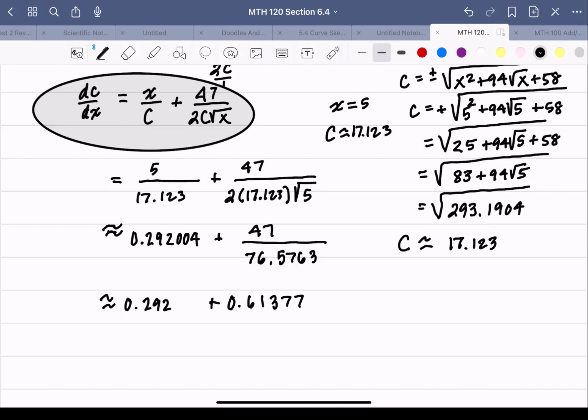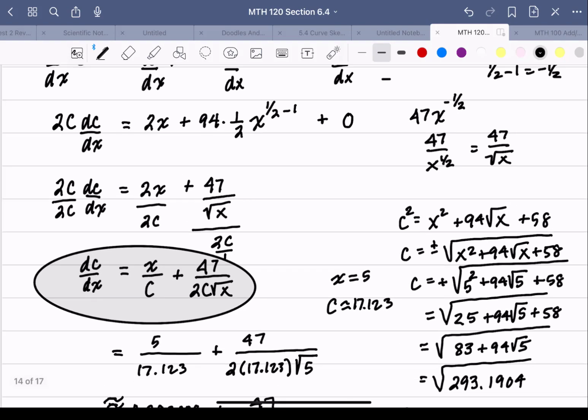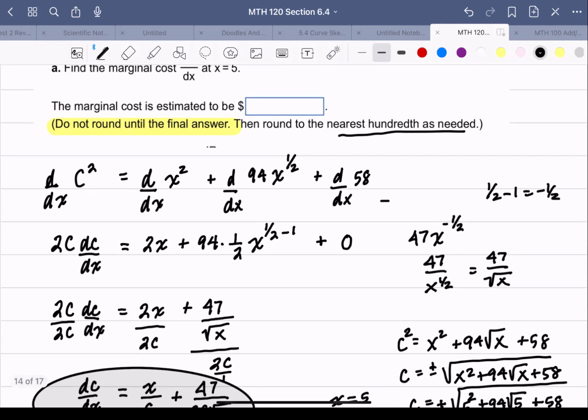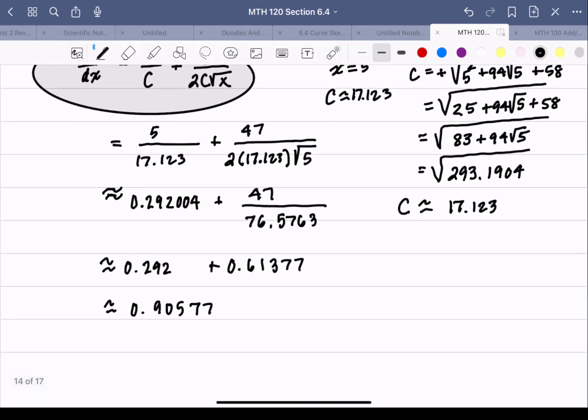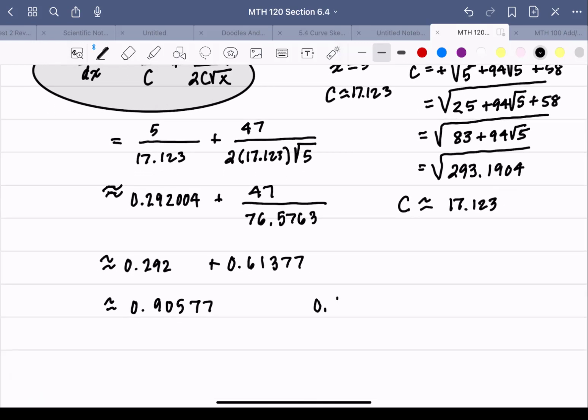And I add those together, 0.61377 plus 0.292, and I get 0.90577. And remember, it said to the nearest hundredth, that's 2 places. And so that's 0.91.